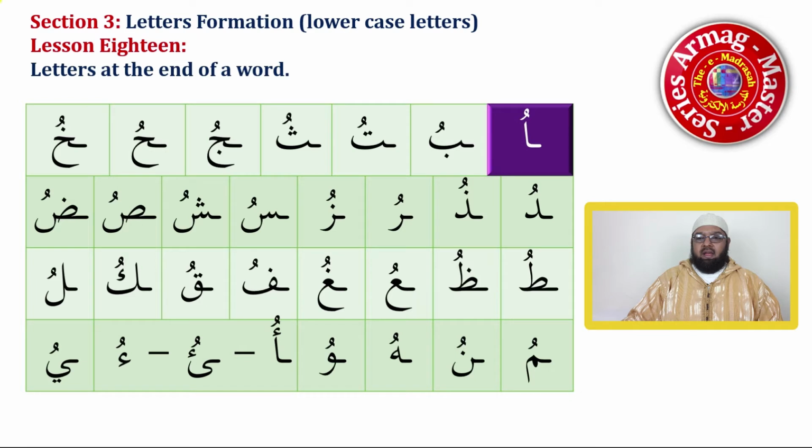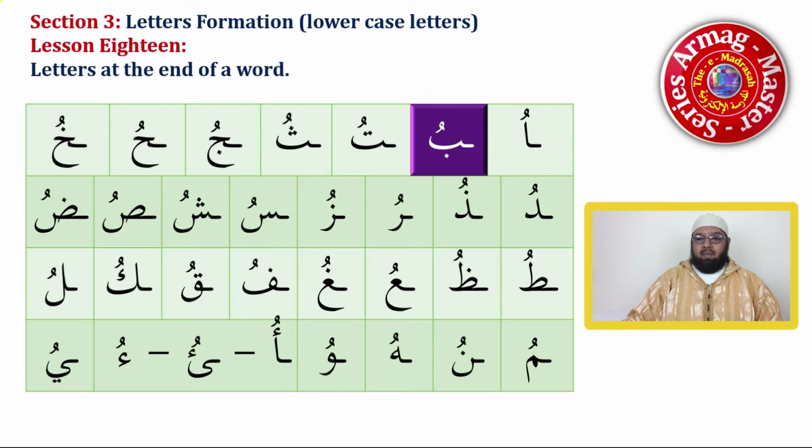The first one there is Aleph, and this line here, as we explained, is the connection line, which tells us that there is a letter connected to it from the right side. And it ends with Aleph, which tells us that there is no more letter after Aleph because it is the end of a word. Okay? Now let's analyze Ba.